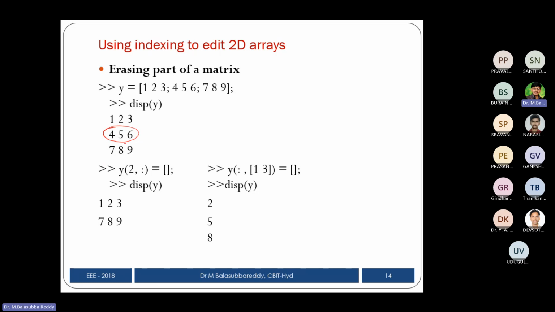Make it null means what? You are removing that directly. So what is the remaining matrix? 1, 2, 3, then 7, 8, 9. This is your answer if I do this. The reason is what? All columns, this is the first column, second column, third column of the second row is equal to null. So you are removing this. The remaining will be displayed like this.